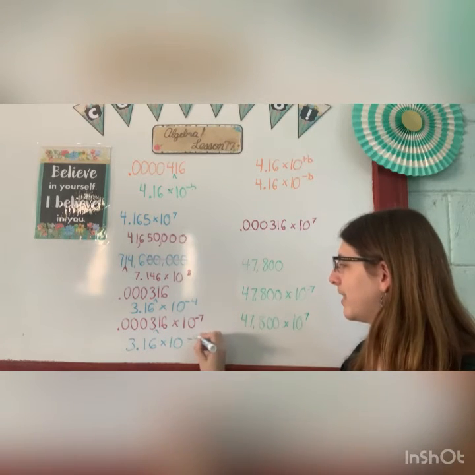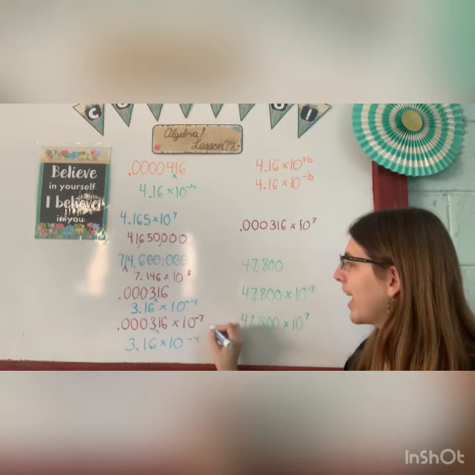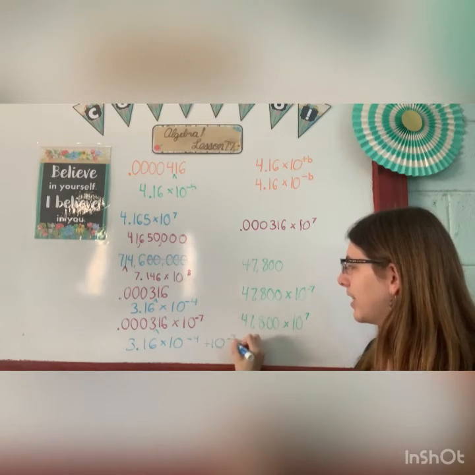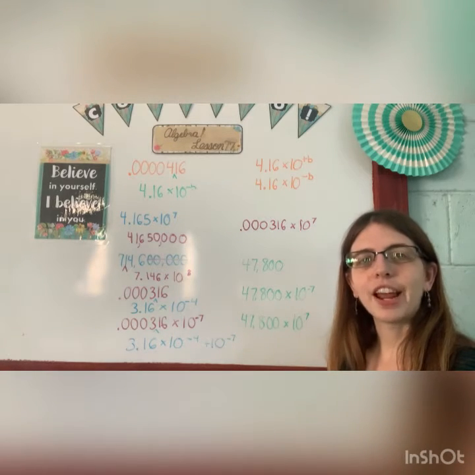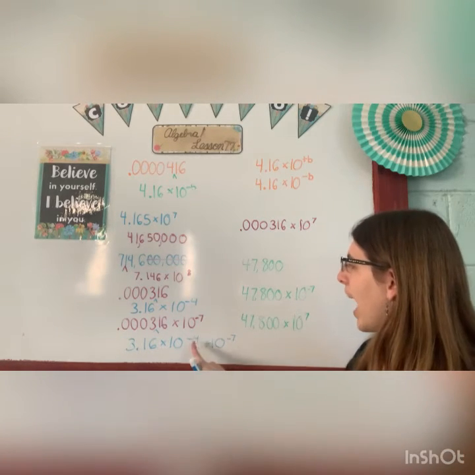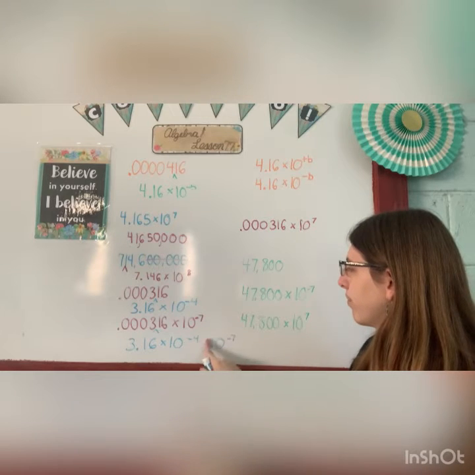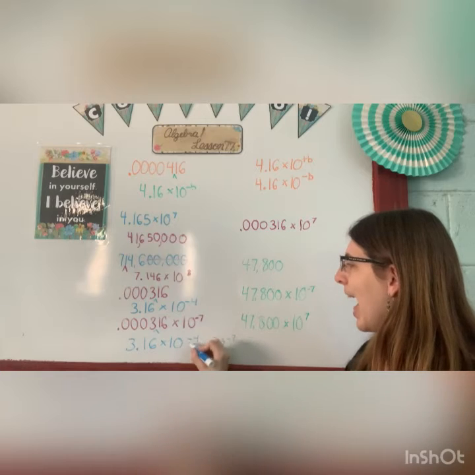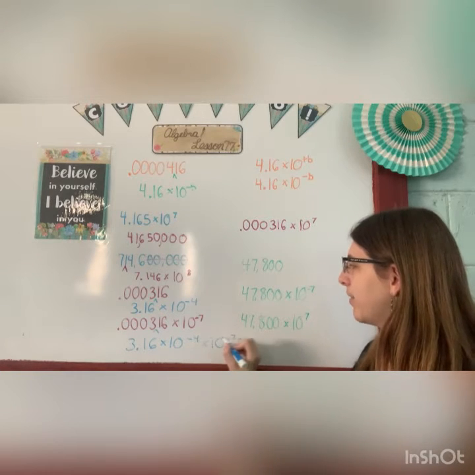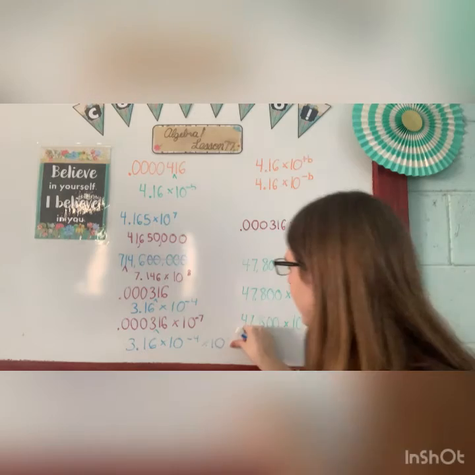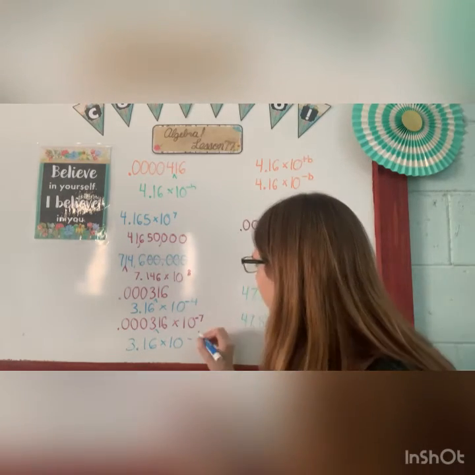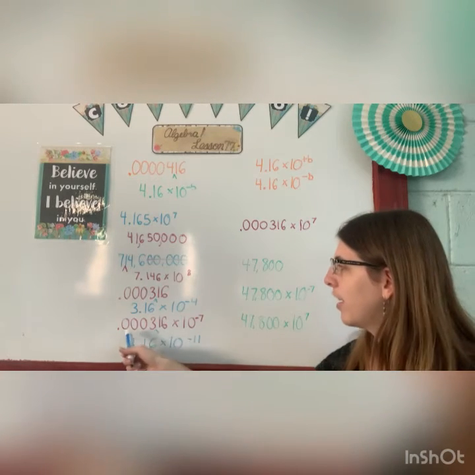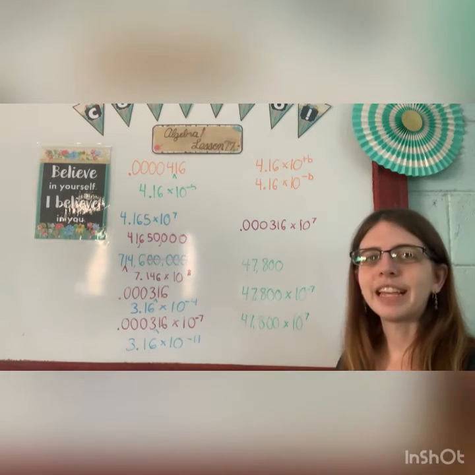So that's negative 4. But I already have a 10 to the negative 7. So it's times that 10 to the negative 7 that I already have, which means I add my exponents, negative 4 plus negative 7, to give me a negative 11.